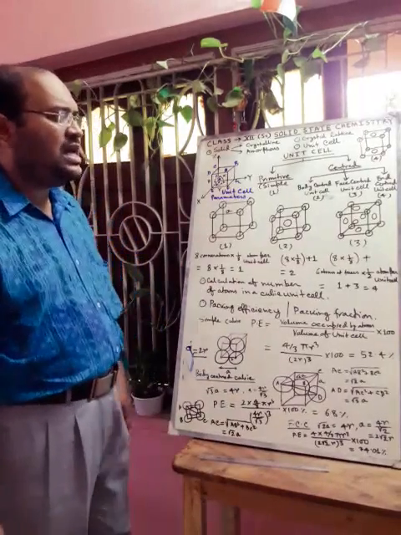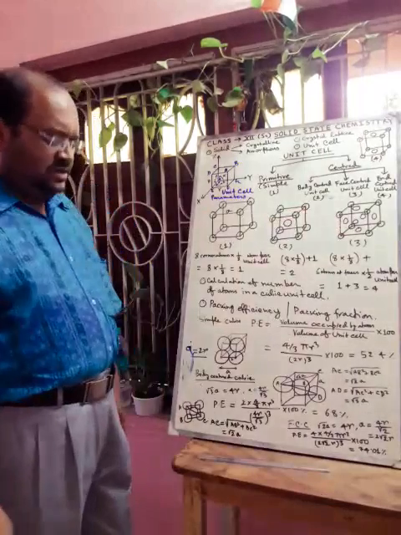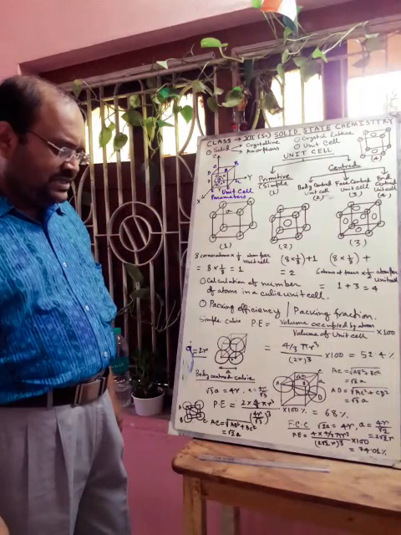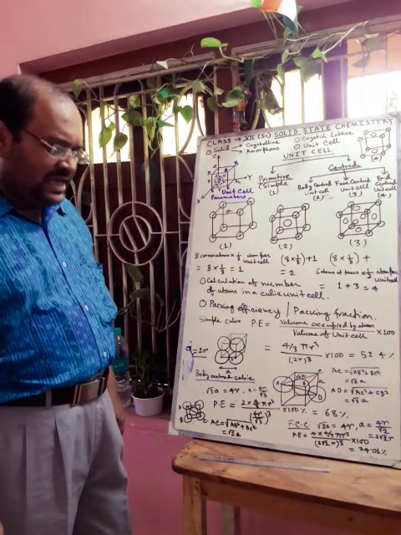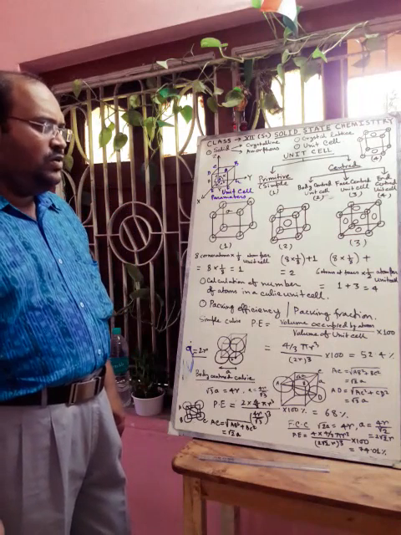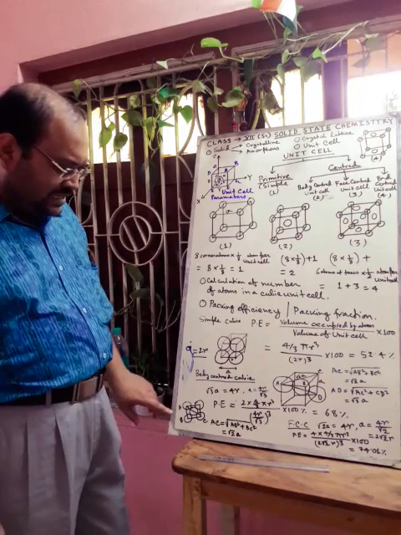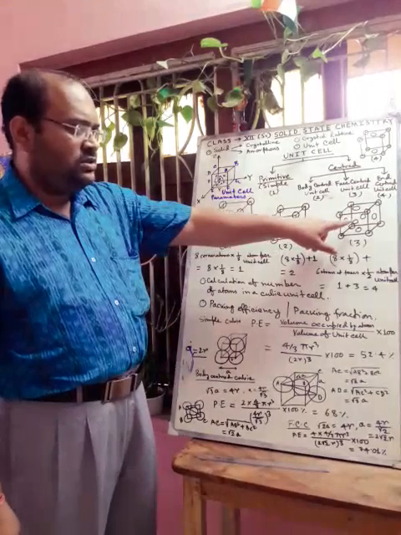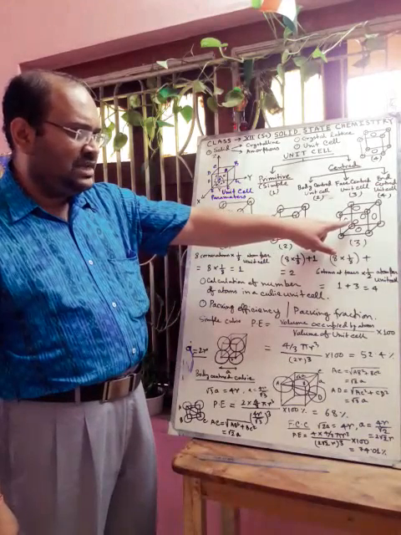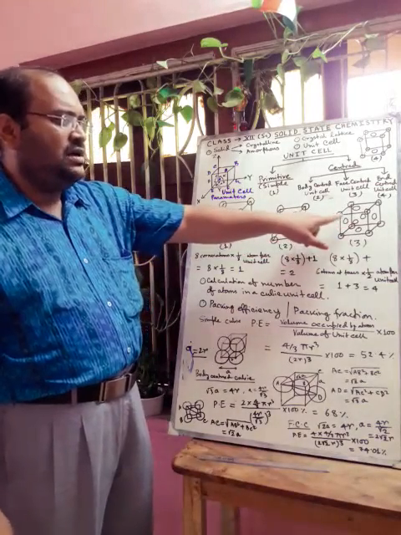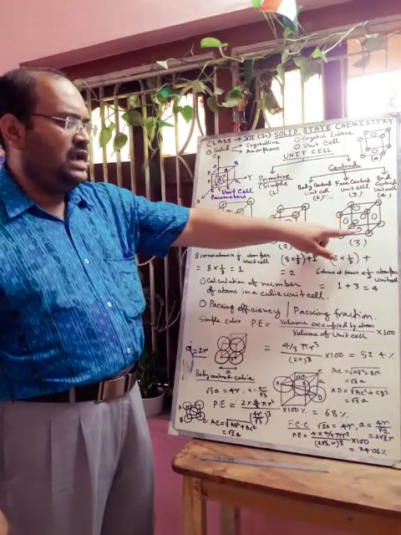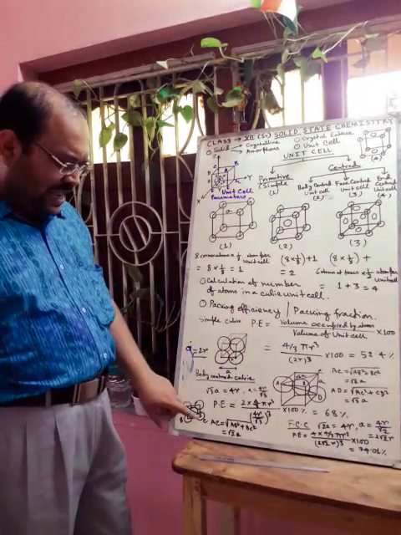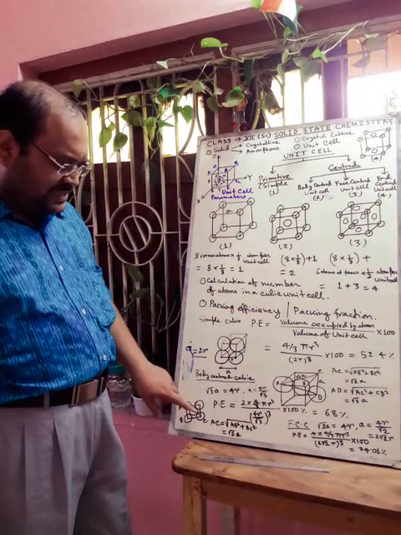Now we will go for the face centered cubic unit cell. In case of face centered cubic unit cell, we have to consider that the atom or constituent particle present at the center of the face touches the two spheres at the opposite corners. So if we draw the diagram, it will be like this. These three spheres touch each other.